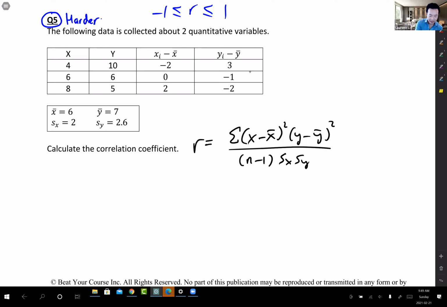Okay, so guys, when you add the sum of this, it's always 0. The sum of this is always 0 too. So don't use those. We want the sum of those two multiplied.